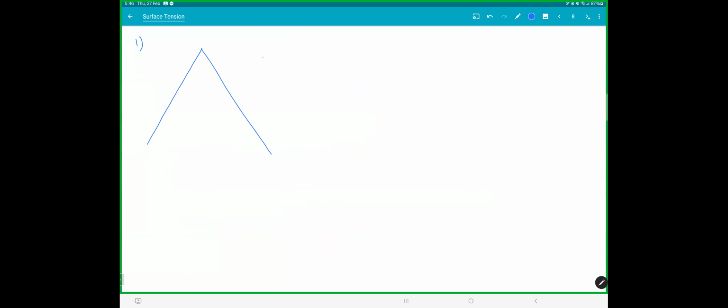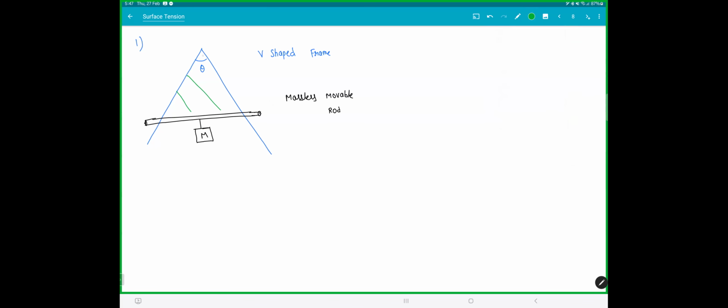We have a V-shaped frame. Angle is theta. We have a massless movable rod. You attached a block M here.